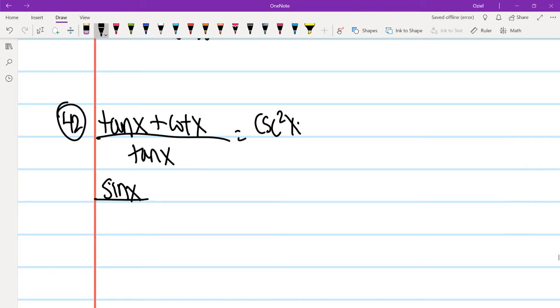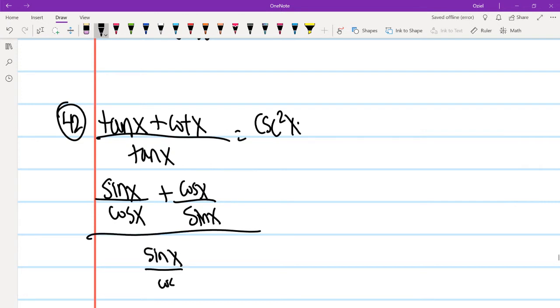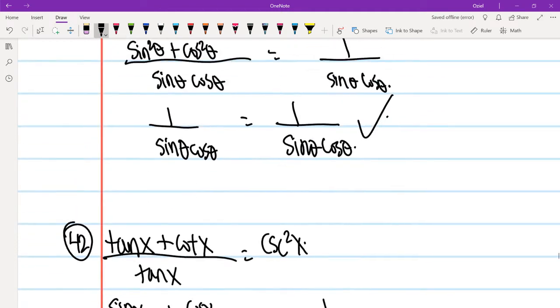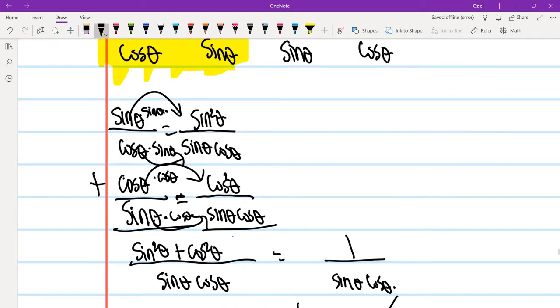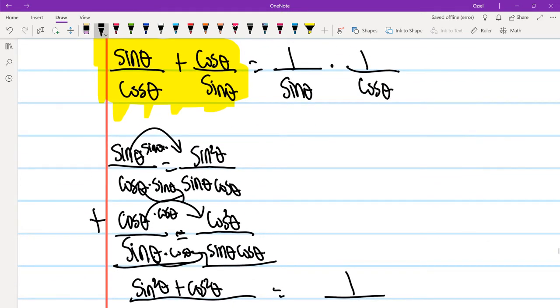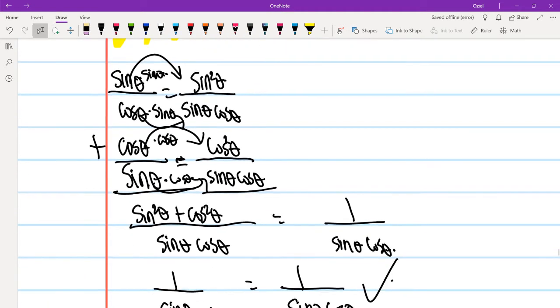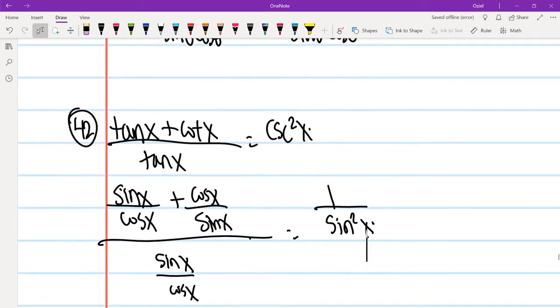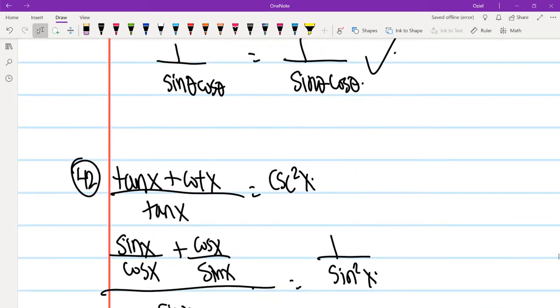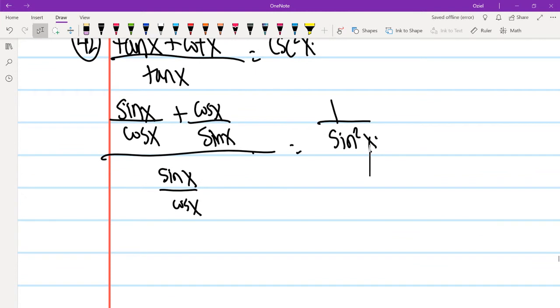So we have sine of x over cosine of x plus cosine of x over sine of x, over sine of x over cosine of x, equals 1 over sine squared of x. So we know from here, like I was saying earlier, that we're going to have 1 over sine of x cosine of x.